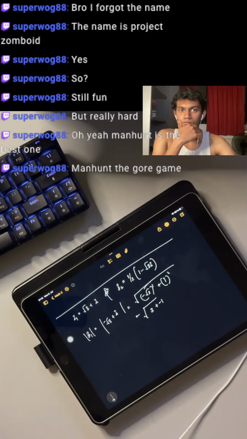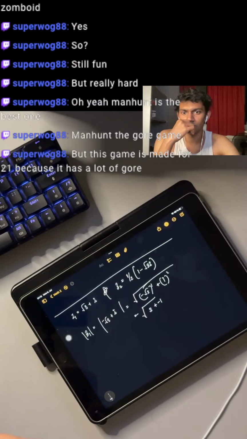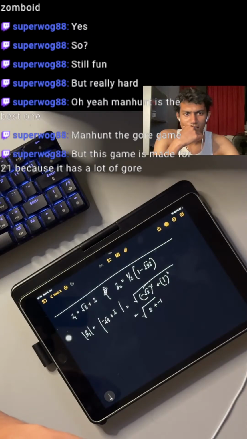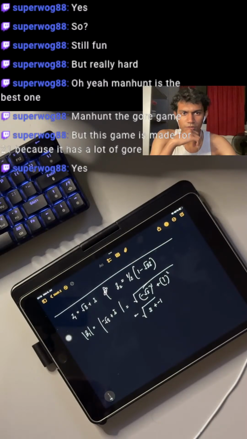Manhunt. Okay. It's from Rockstar. But it does not have that much rating on Steam. Why? Is it that gore? How bad can it get though?